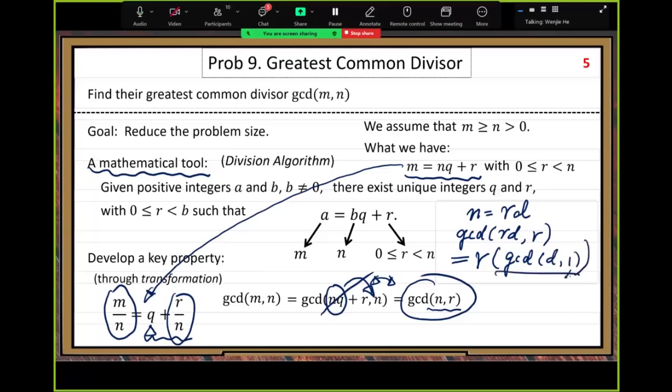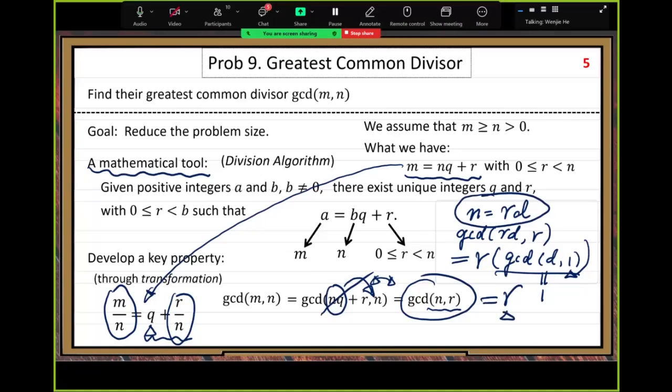But the common divisor of 1 is only 1, right? So that is 1. GCD of d comma 1 must be 1. So you get r directly. So you can stop. That means if n is a multiple of r, you can get an answer immediately.